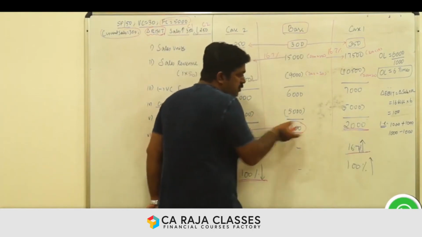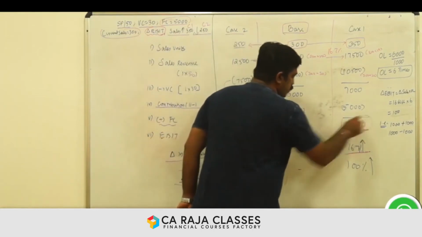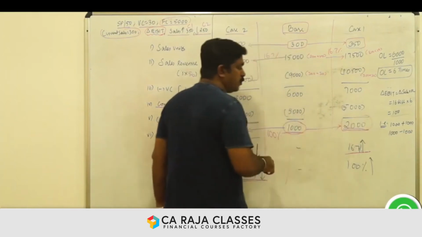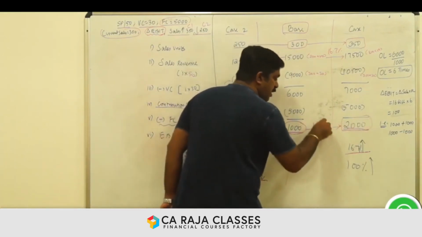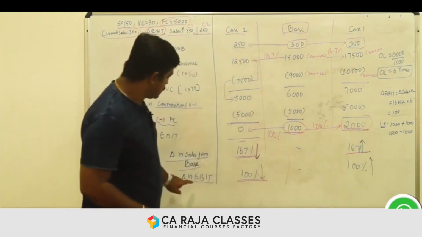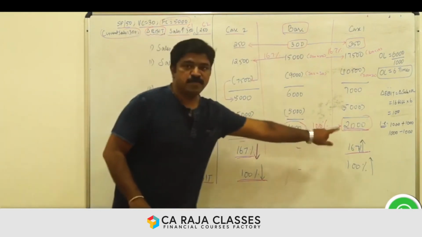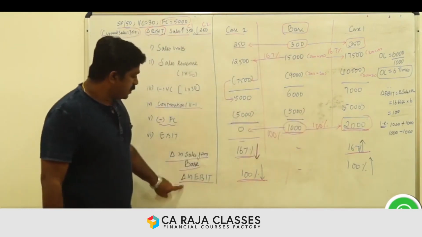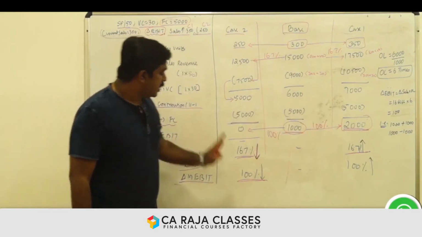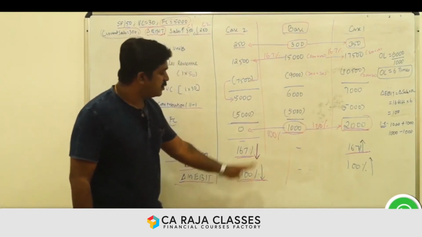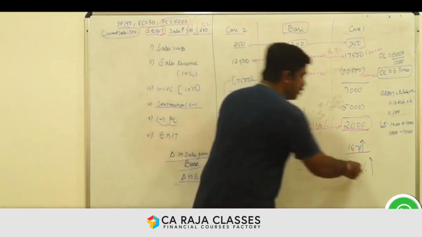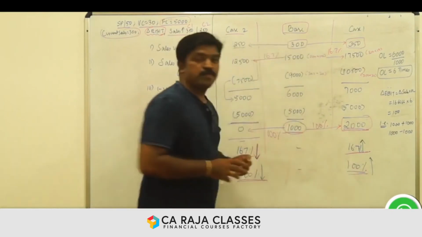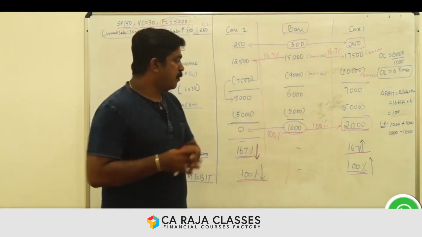From 1,000, it is going up to 2,000. So it is a 100% increase in EBIT. So the change in EBIT is downwards 100% here, whereas here it is upwards 100%. Why is all this happening? It's because of the operation of operating leverage.